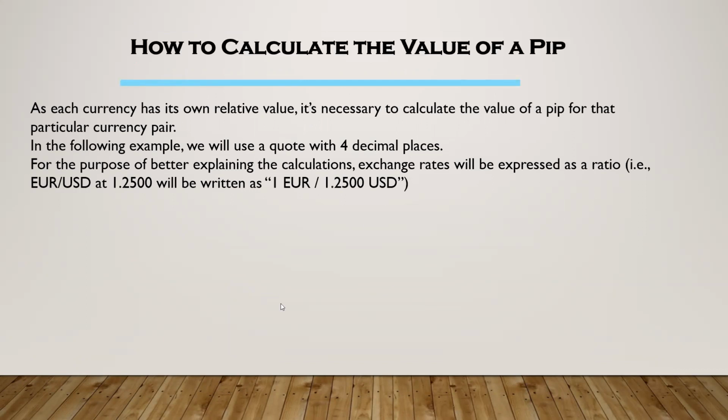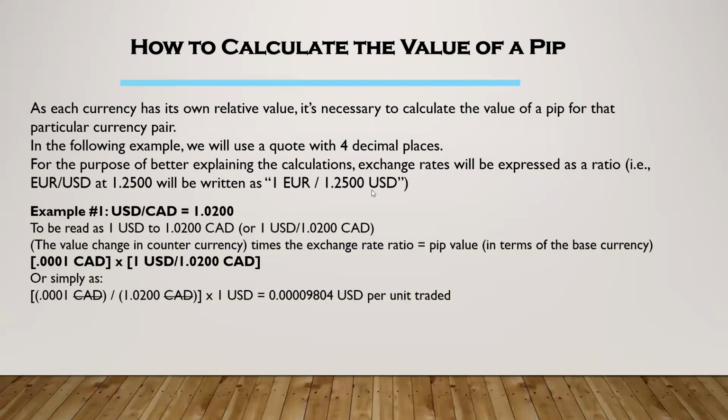So like we said earlier, a currency has its own relative value in Euro USD. Remember, one standard is equal to $10. All right. So in USD here, for explanation purposes, we'll say 1 euro is equal to 1.2500 USD.